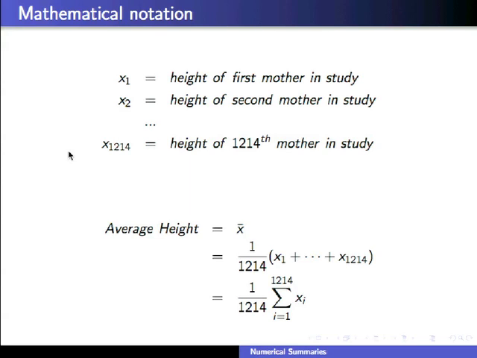So that means we run the value i over all those different possibilities, starting at 1. So for i equals 1, we get x1. And then we add it to i equals 2, x2, 3, 4, up to 1214. I'm hoping all of you are familiar with this because calculus is a prerequisite for this class, so this should look really easy and very familiar.